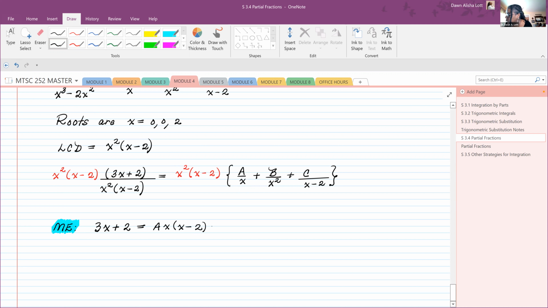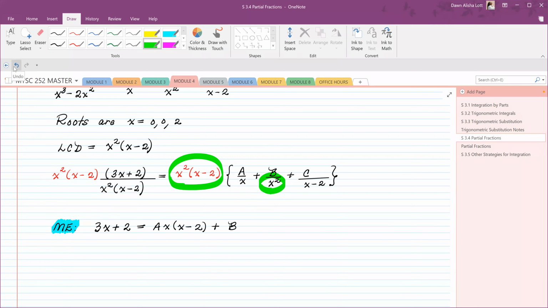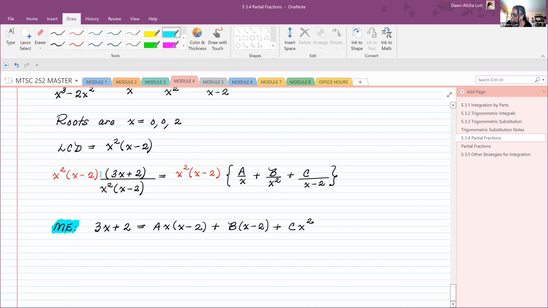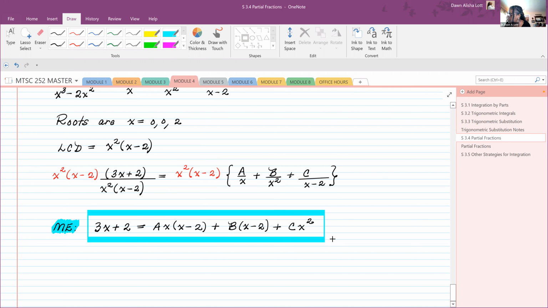I get this over that, so it's just x minus 2. That's right. And then the C term is just x squared. Thank you, Nathaniel. So that's the major equation. There it is.